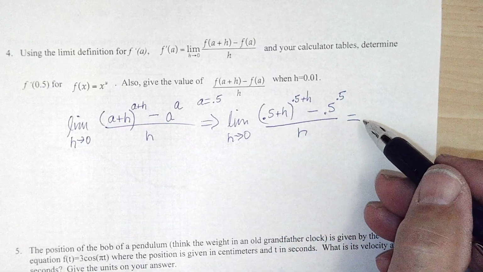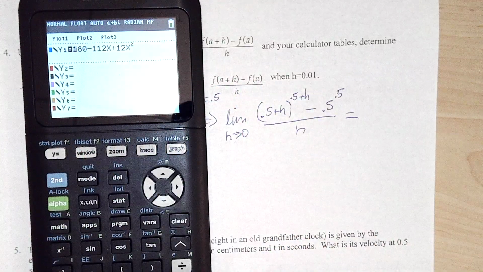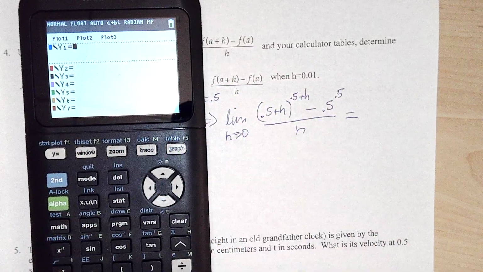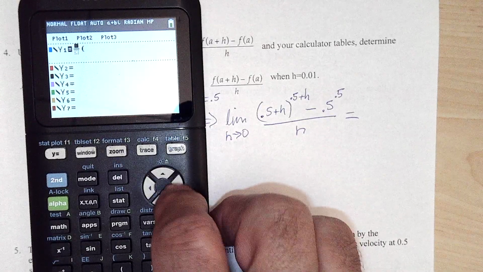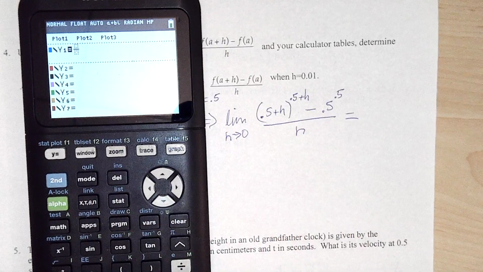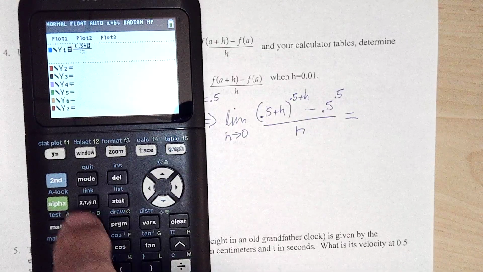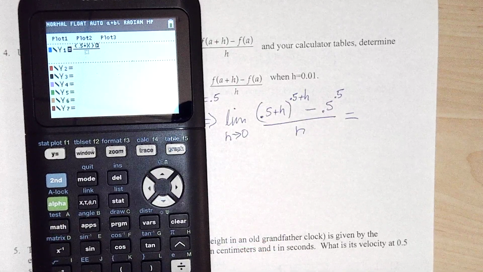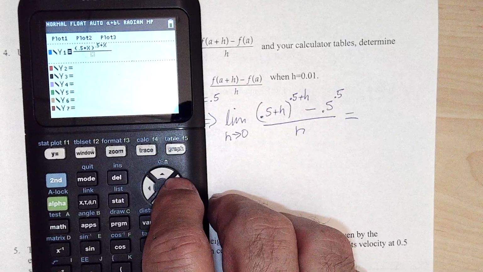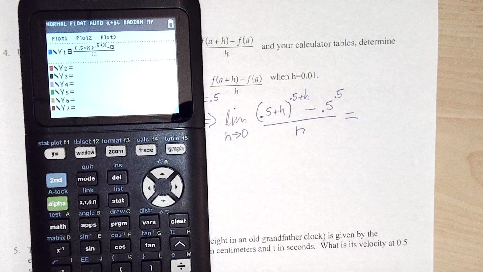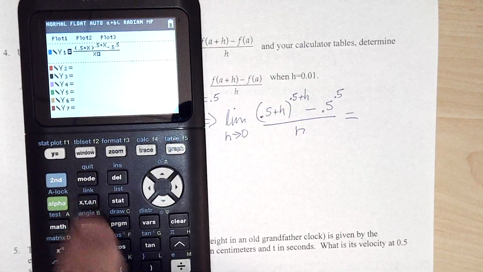And now to use technology to find out what happens when h gets close to 0. So I'm going to go to here and type in a fraction: parenthesis 0.5 plus, and I need a variable here, so I'm going to use x, close parenthesis, to the 0.5 plus x, using x for h, minus 0.5 to the 0.5, and then the denominator is just the x.